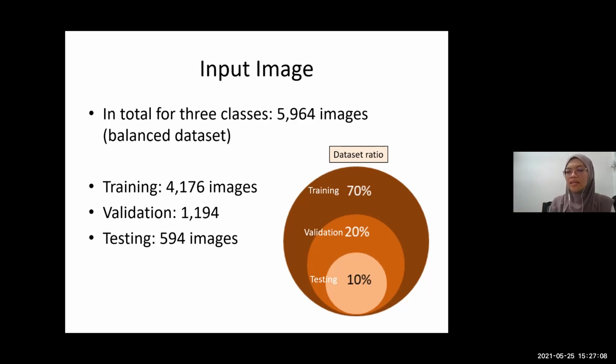But for medical images, the data is very little. So to apply deep learning, we need a huge number of data. That's why we apply data augmentation, a technique to increase the number of data so we can have a huge data set to apply deep learning.